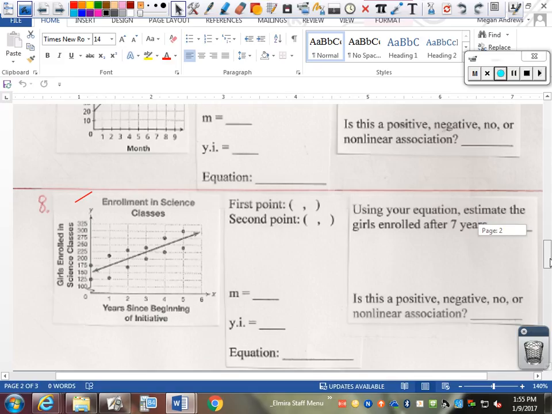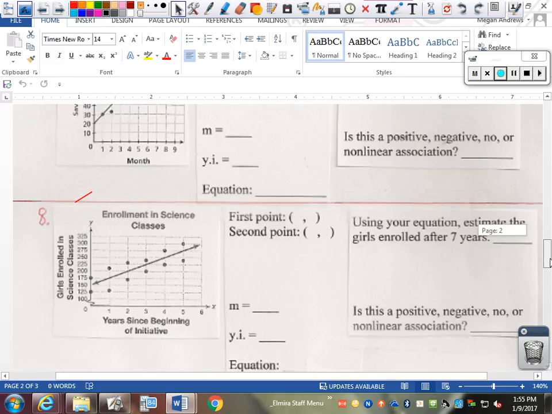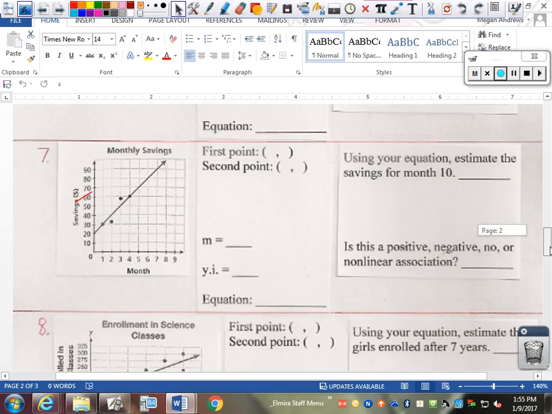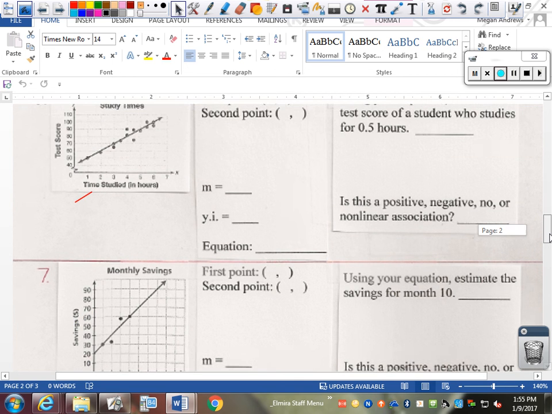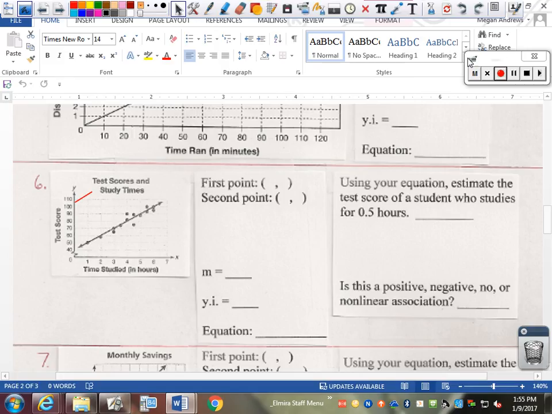There's no problems on here that has no association. There's no nonlinear association. Everything is linear. It's either positive or negative. Okay? So, we can't draw a line of best fit about data that doesn't have any relationship. We can't draw a line of best fit if the data we have is a curve pattern.